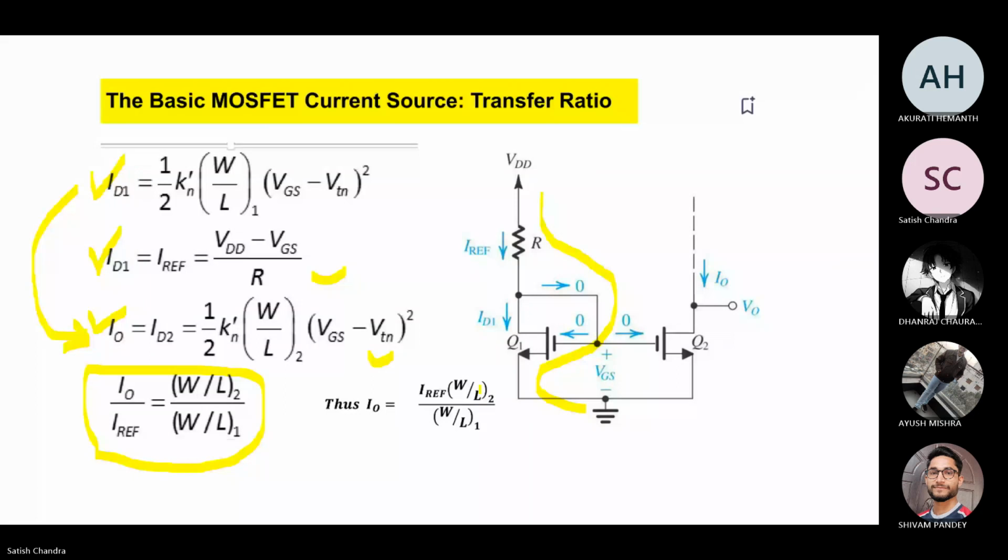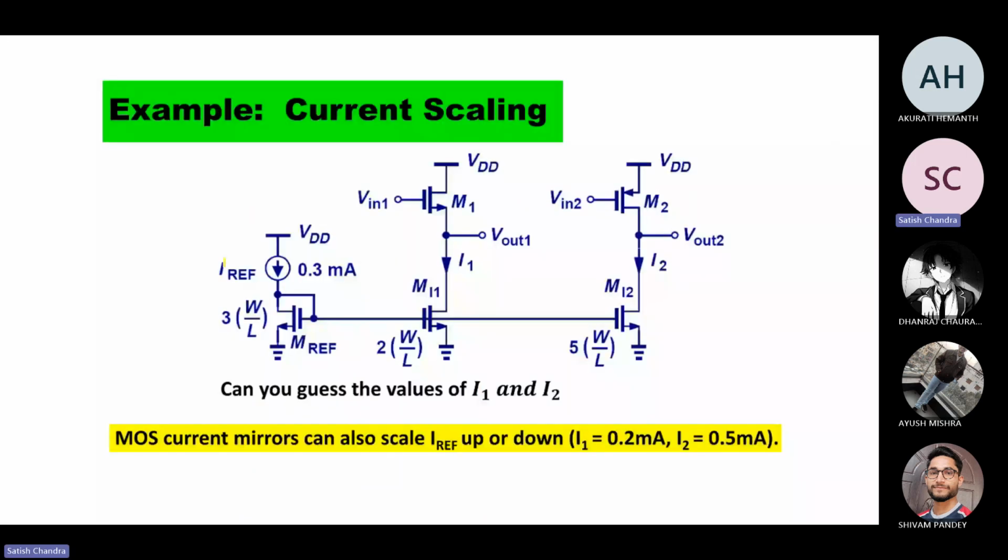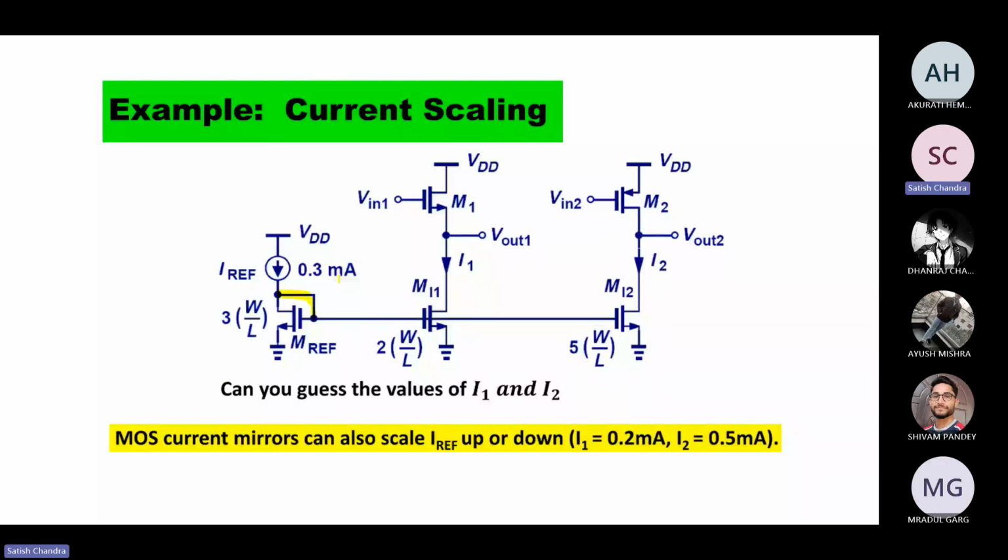So that is what current scaling is. Now let's see. We have made this connected part. This is one of the parts required for the current mirror.